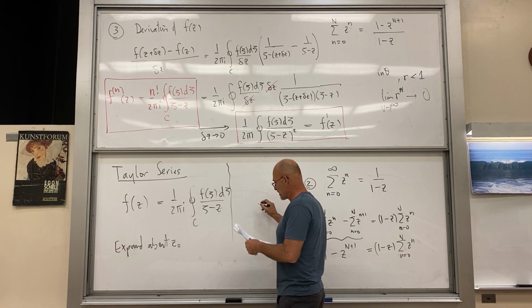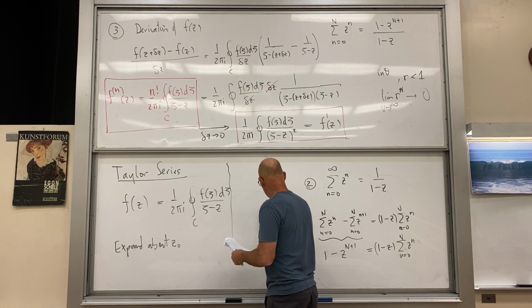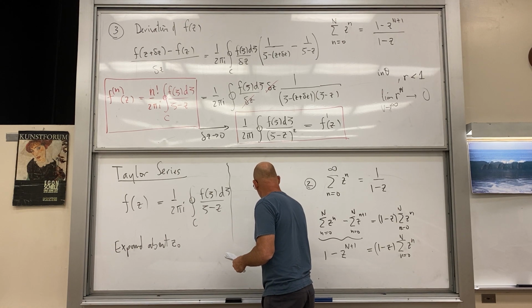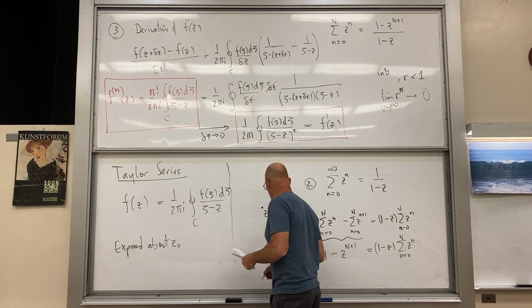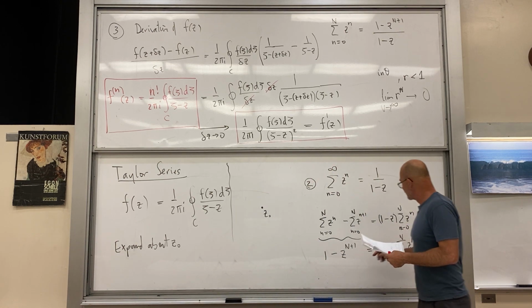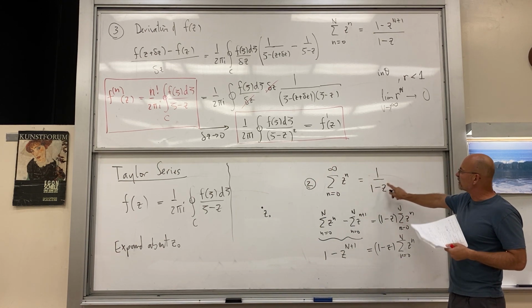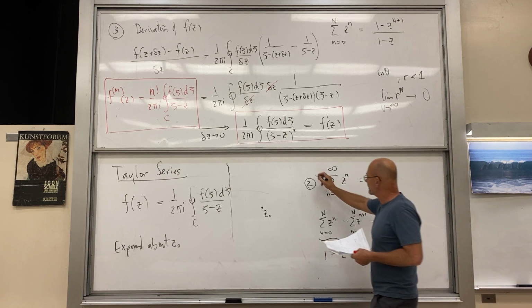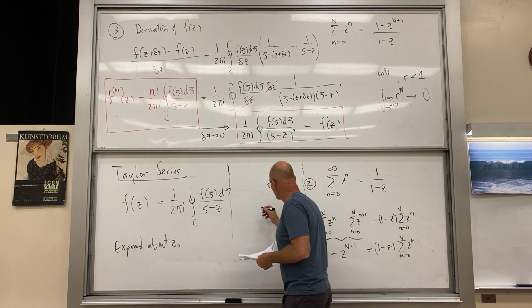And what we'll do is we'll have concentric circles. So here's our z sub 0. And by the way, here we were discussing radii of convergence, so this is germane.